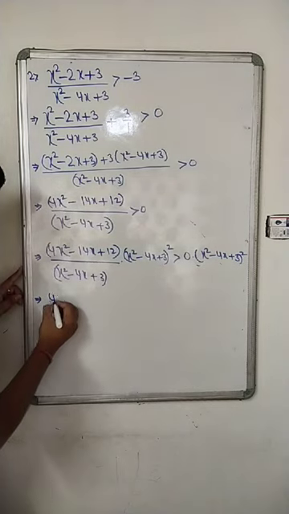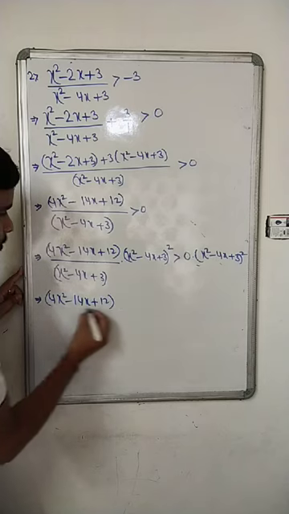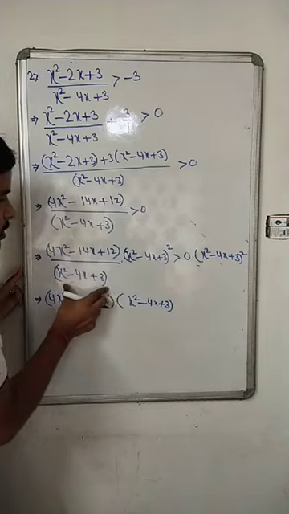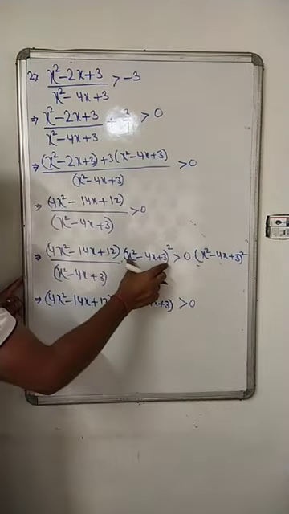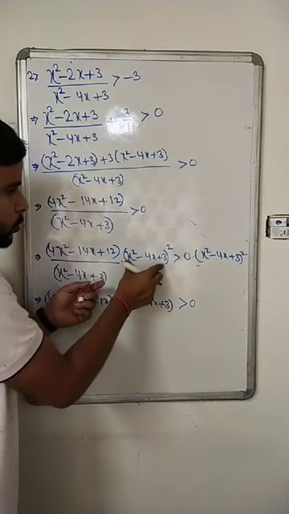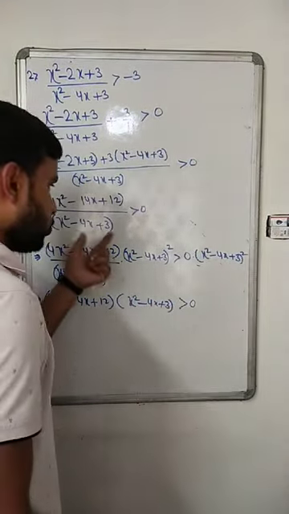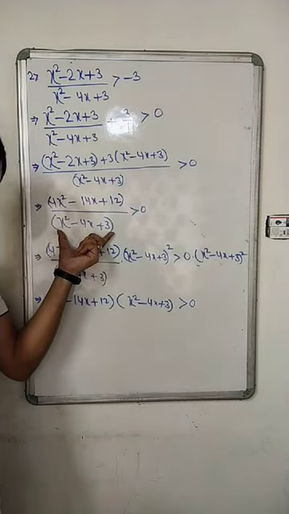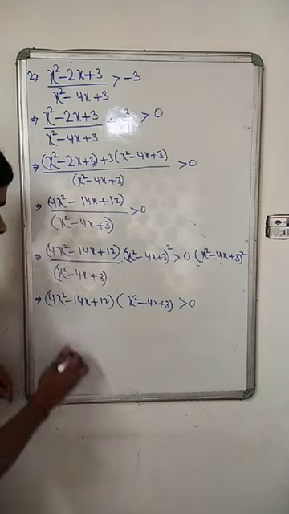So we are getting 4x square minus 14x plus 12 times x square minus 4x plus 3. I hope you are getting my point. One factor cancelled. 0 into anything is 0. Now it's okay because the square of anything is always positive, so I can multiply both sides by a positive quantity in the inequality. But I cannot cross multiply because this expression is not proven to be always positive or always negative. Let us move ahead now.